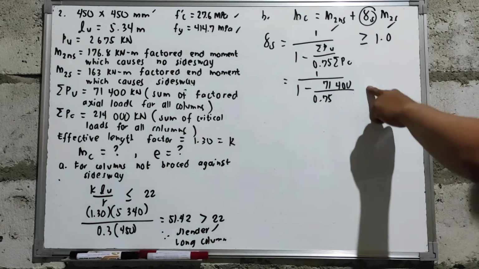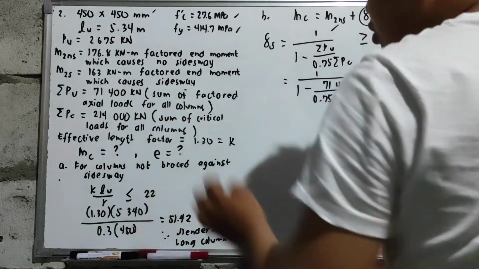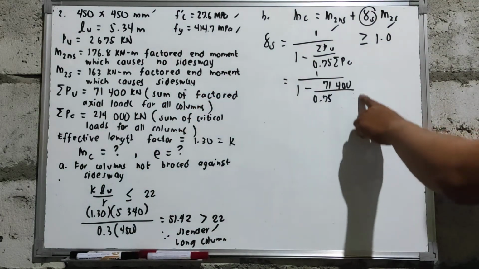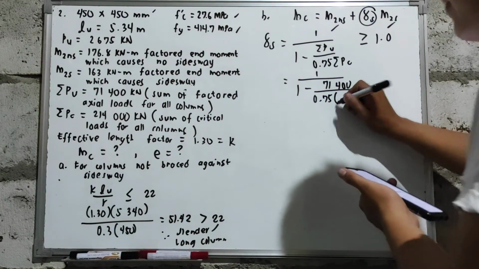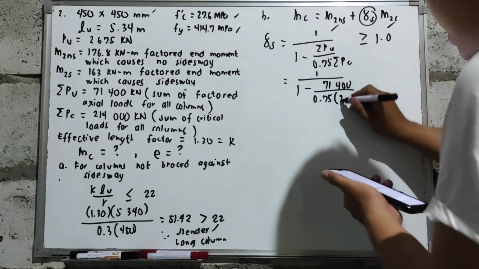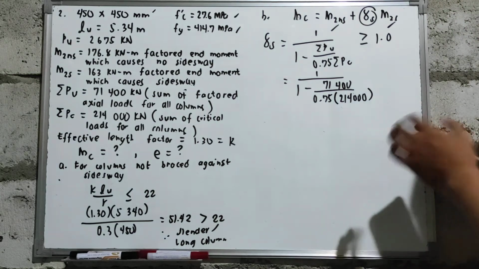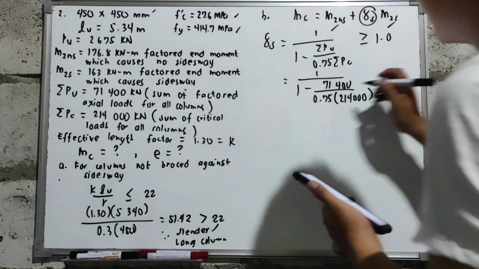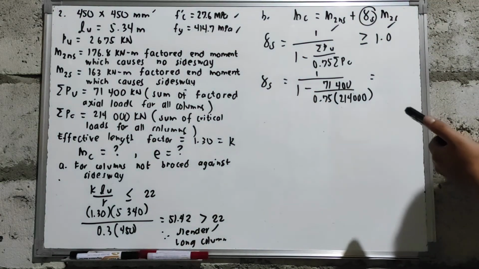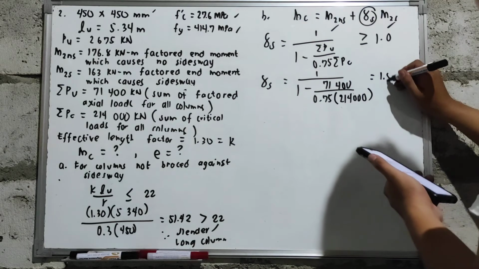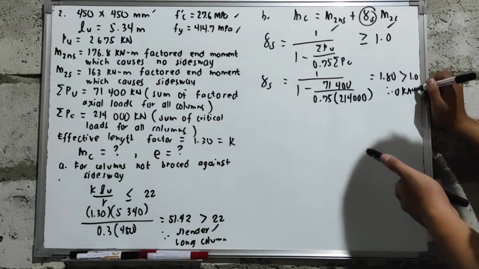Dito, kahit na hindi mo i-convert yung kilonewton into newton, magka-cancel out lang yung unit natin. 0.75 multiplied by 214,000. So you will have a value of your magnification factor which is equal to 1.18. Greater than 1.0, therefore okay.